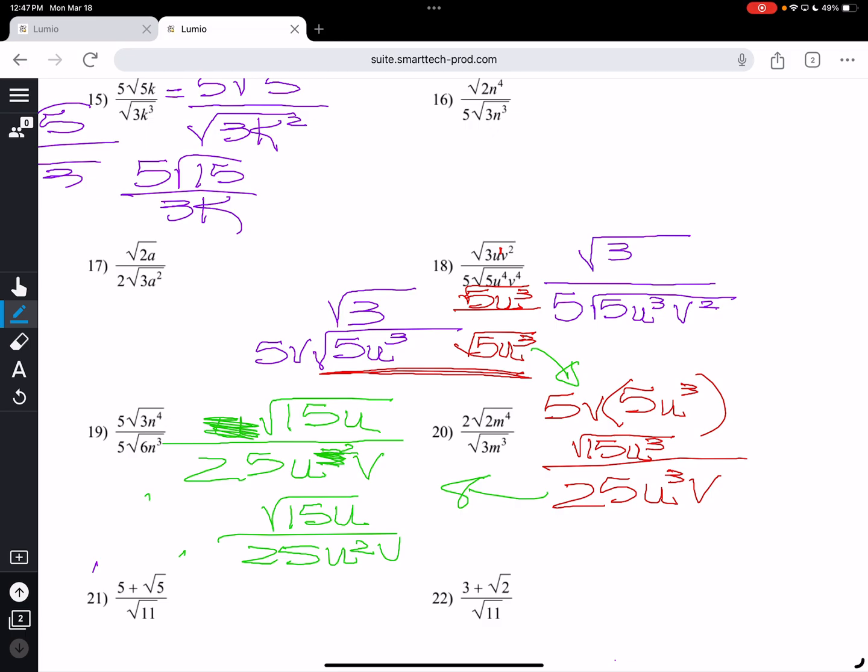And this was u to the third. So they cancel out, simplify, and that becomes u squared. And we're done. That one's a doozy.